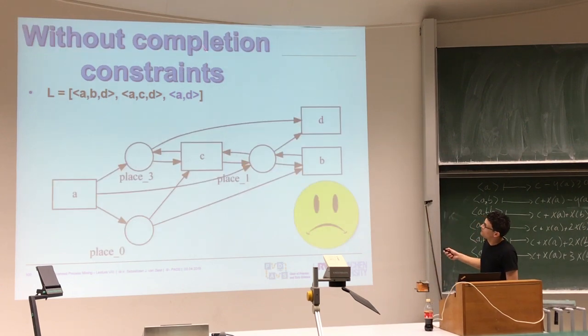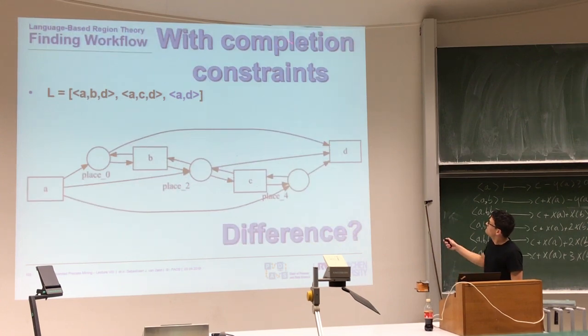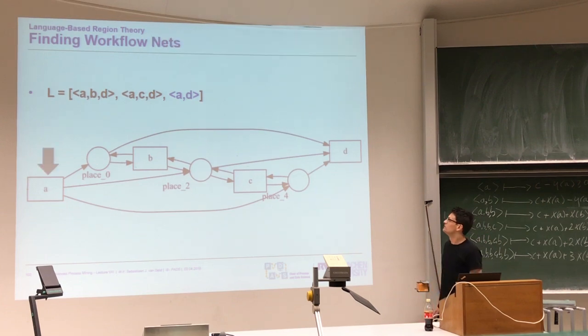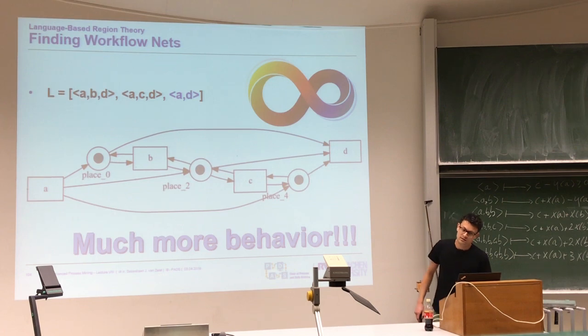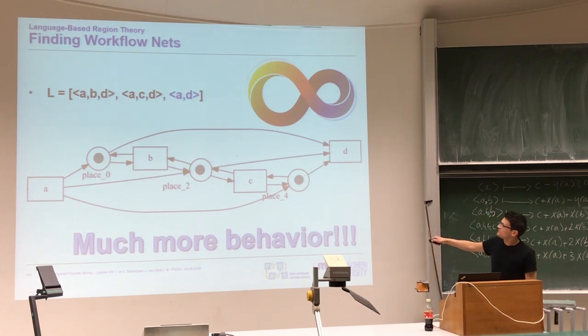When I did not do that, I got this model where we knew that this place 0 would have a token if we do A and then D. If we add these constraints, the difference is that now, if we fire ABD, ABD, and ACD and AD, all these 3 places will be empty after you do so, for example. But the problem is that we have, of course, much more behavior. So on the one hand, this is a nice fix. On the other hand, it generates some big problems.